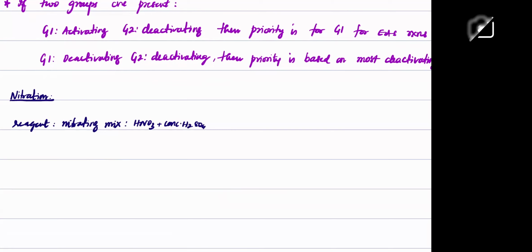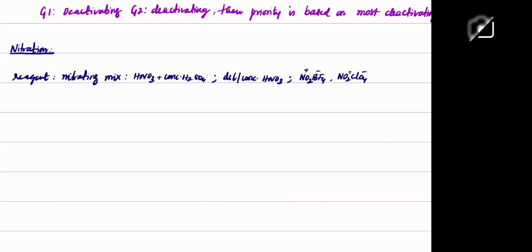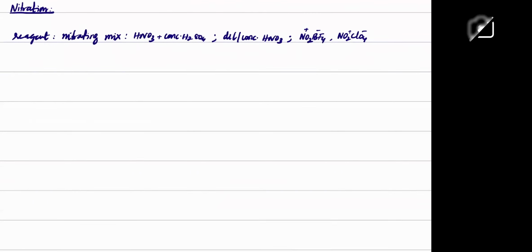Or dilute or concentrated HNO3 directly can be used, or we can use NO2BF4, basically NO2+ and BF4-, or NO2+ and ClO4- salts. These kinds of compounds are used as a nitrating agent. Out of these, the most used, and what is given in NCERT, is the first one.